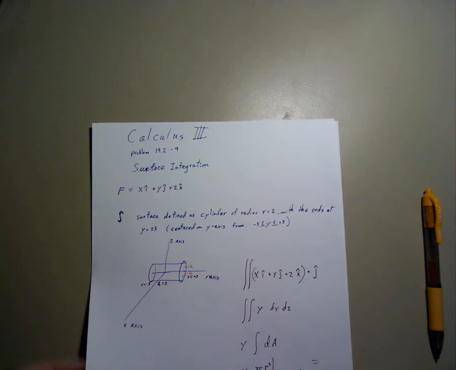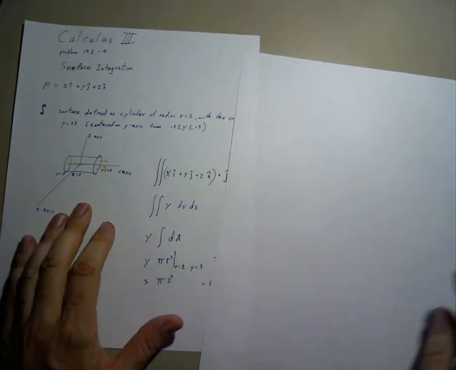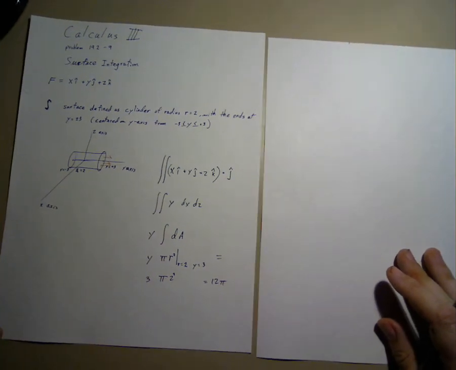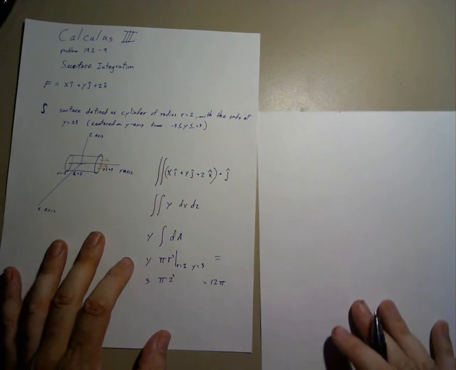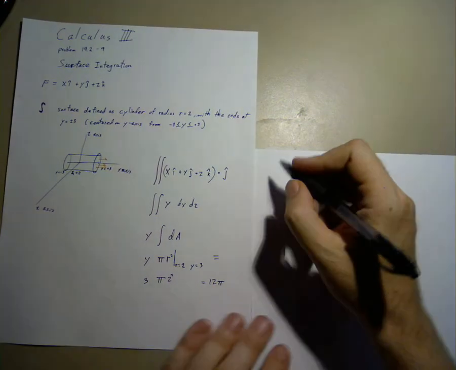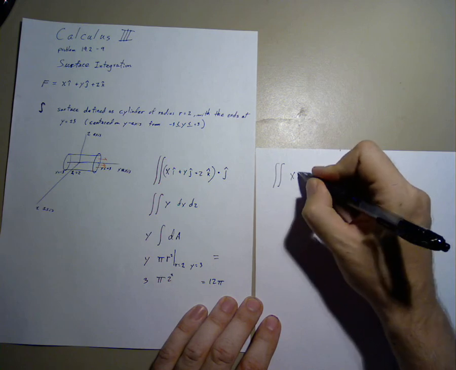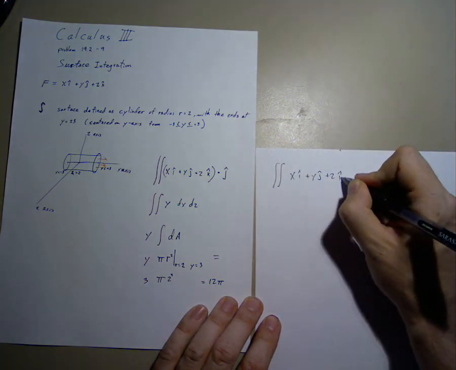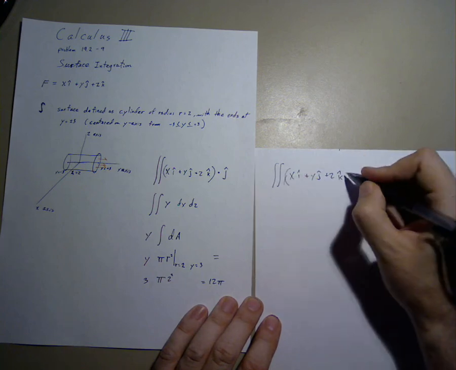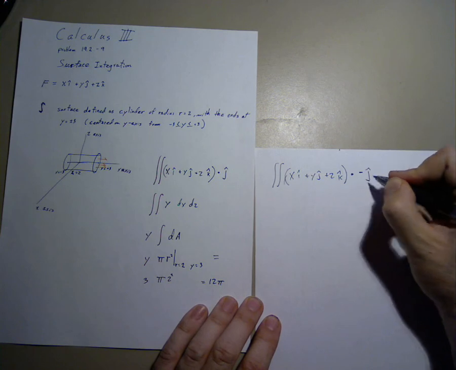Likewise, the other endpoint we can write as x i hat, y j hat, z k hat dot minus j hat.